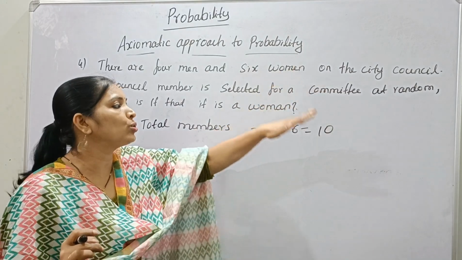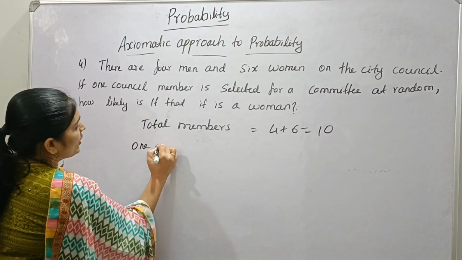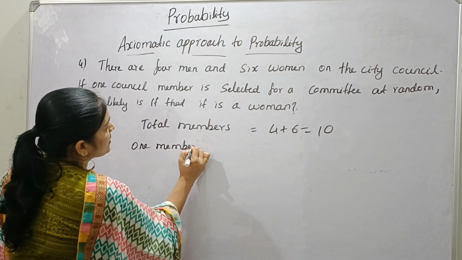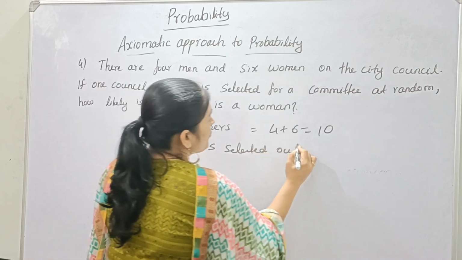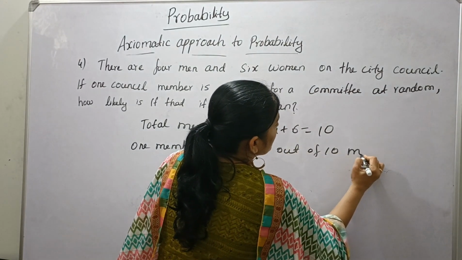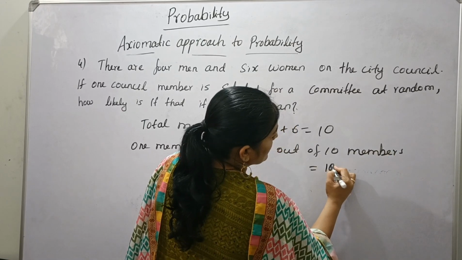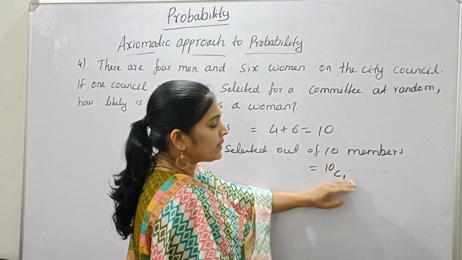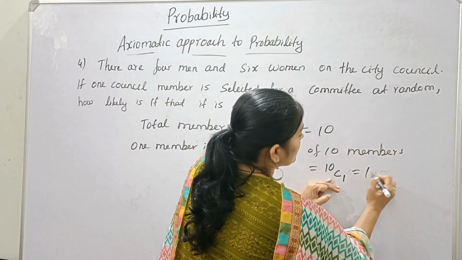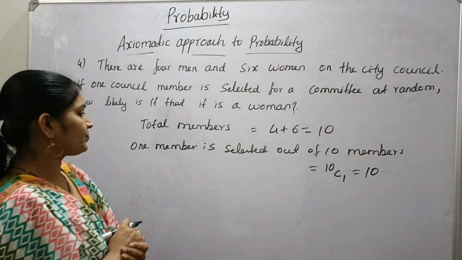One member is selected out of 10 members, that is 10C1, which is nothing but 10. So the number of elements in the sample space is 10.